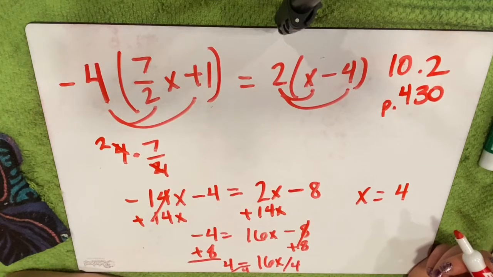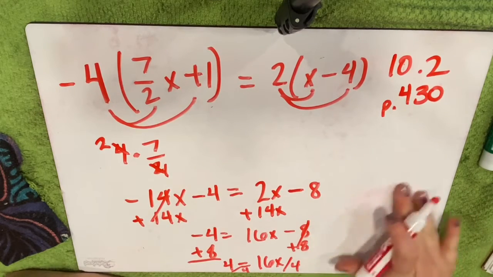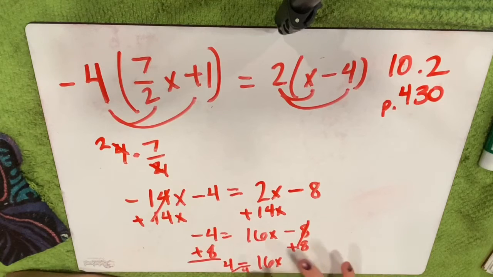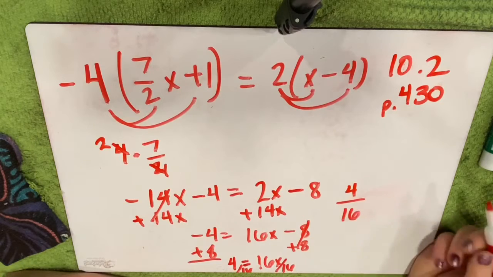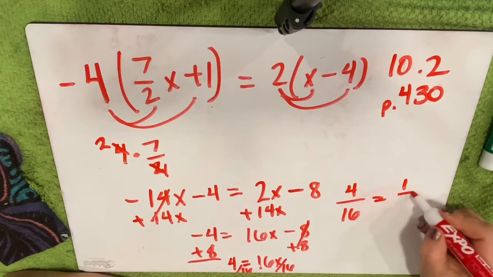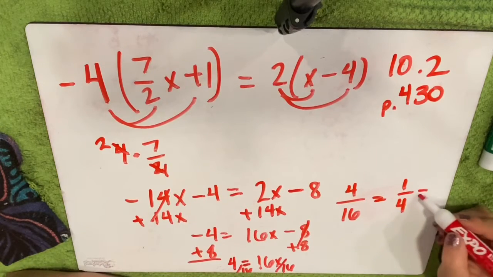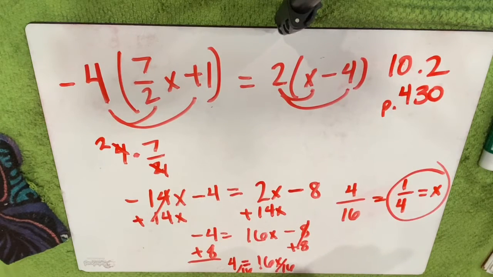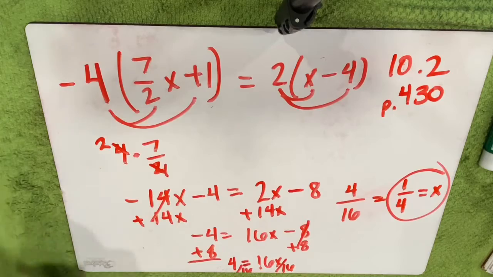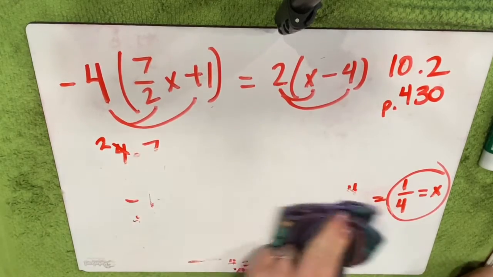Well, I did that wrong. I can't think anymore. Sorry, rewind. Okay, so divide by 16, divide by 16. So we have 4 over 16, which simplifies to 1/4 equals x. Okay, I divided the wrong way.